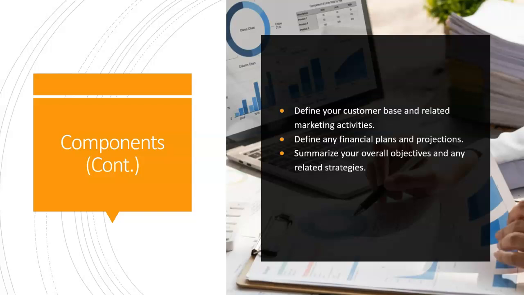Who's your target market? How are you getting this to the consumer? Remember the 4 Ps. What are the plans like? How much money is this going to take? And this can be arbitrary or exactly from what another company is doing. And then summarize your overall objectives.